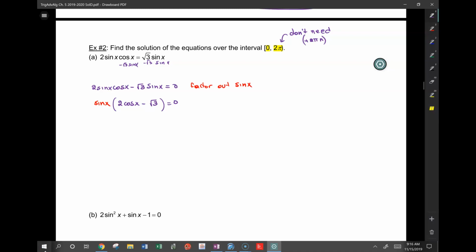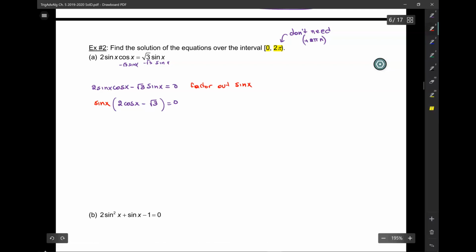So now I can say sine x is equal to 0, and this part is equal to 0. Does this make sense? Yeah. Now let's solve.